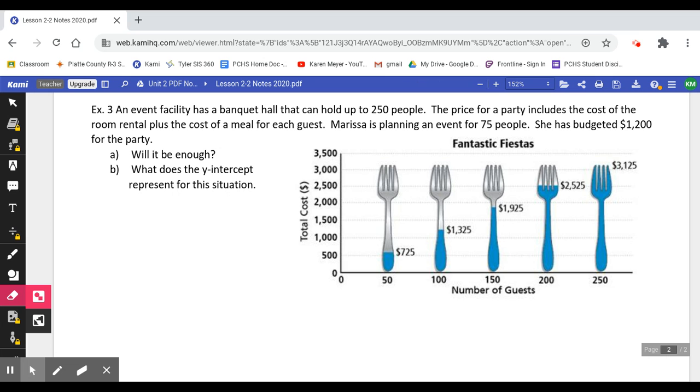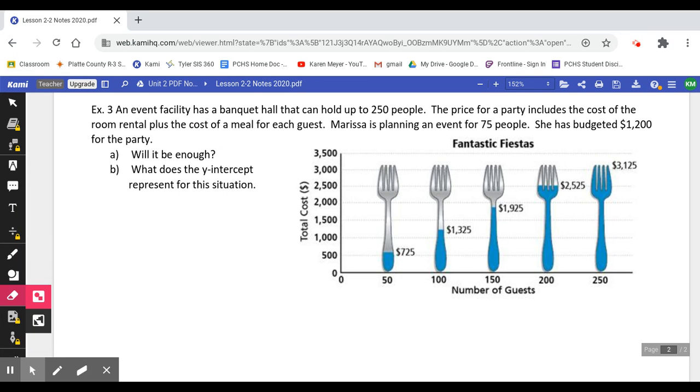You are planning the event for 75 people and have a budget of $1,200. Part A, will it be enough? In order to figure out if it's enough, I've got to have an equation so that I can plug in my number of people and calculate the cost.